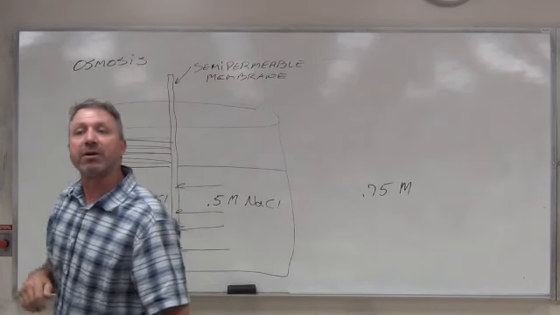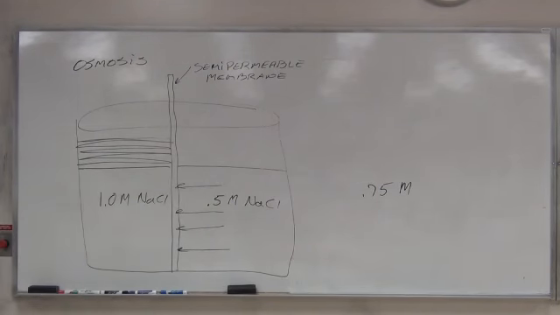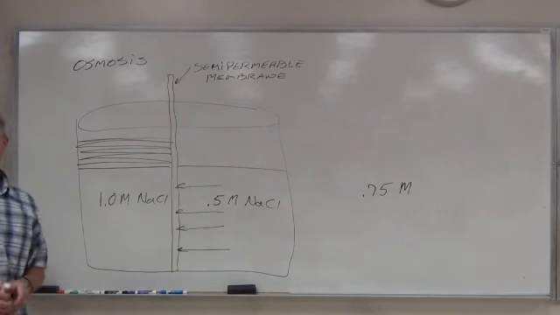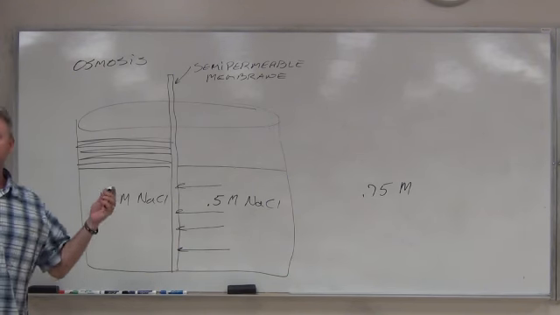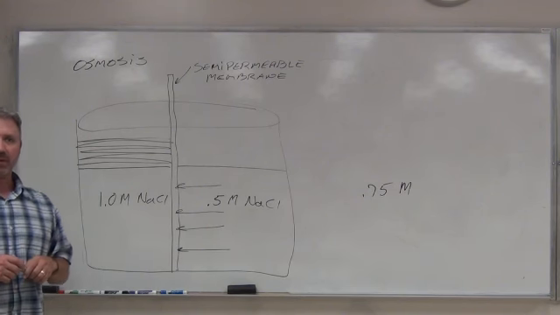That's what osmotic pressure is. It's the amount of pressure that you have to apply to one side of your system to prevent the flow of water down its concentration gradient. That's osmotic pressure. Straight and simple.